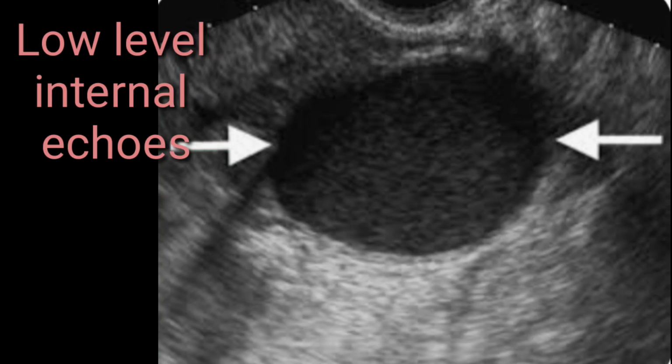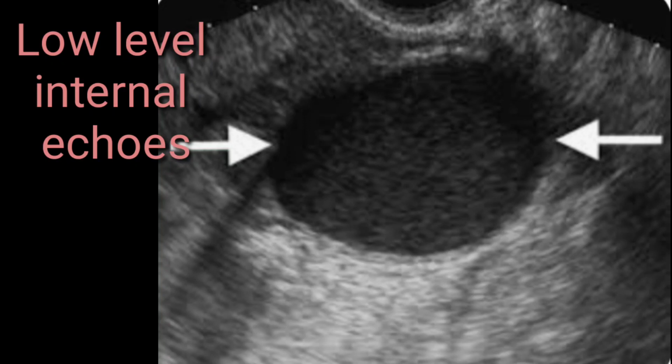On this image, this is a cyst containing low level internal echoes suggestive of hemorrhagic content. Mind you, the major differentials for internal low level echoes include hemorrhagic contents or fibrinous contents. If you ever come across low level internal echoes within a lumen or any other area, think of hemorrhagic contents.